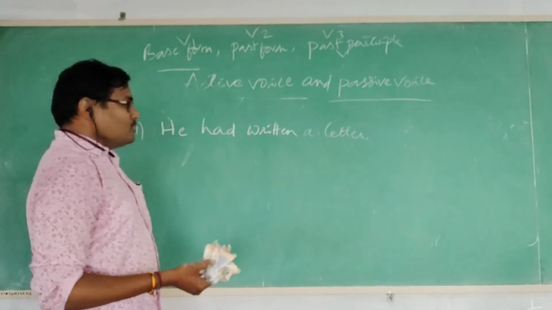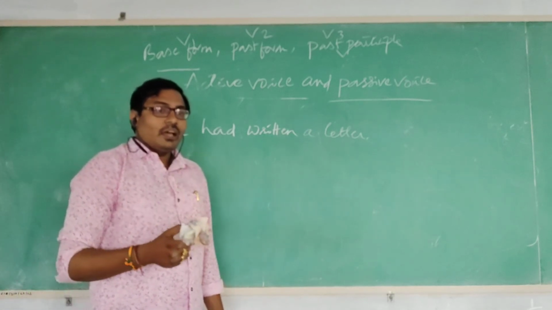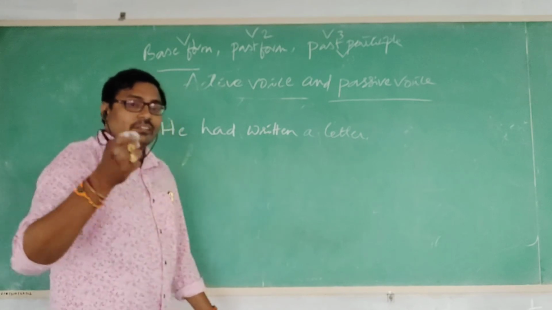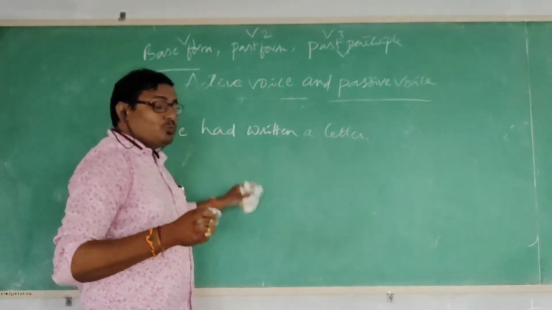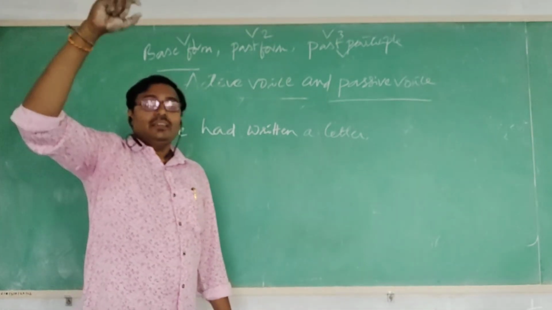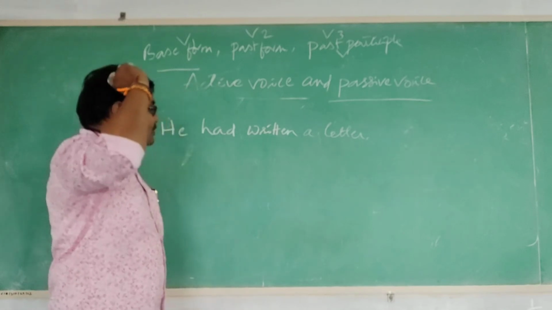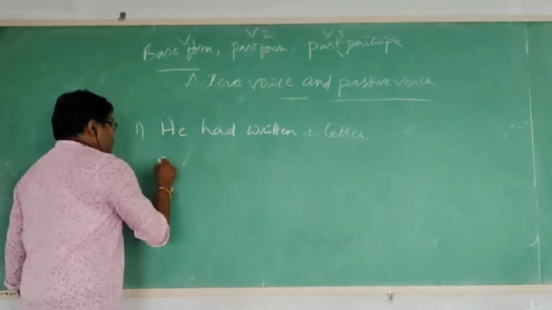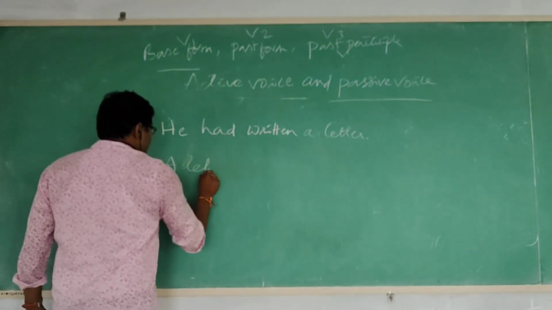That is why we have to use had been. Okay, when there is a helping verb had, we have to use had been in the passive voice. Okay, and the rules are as usual.